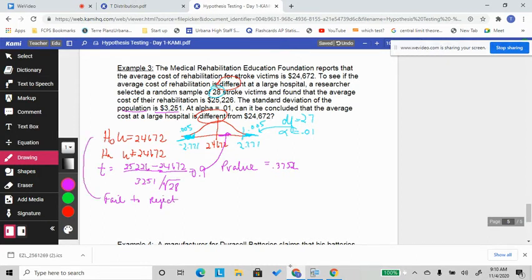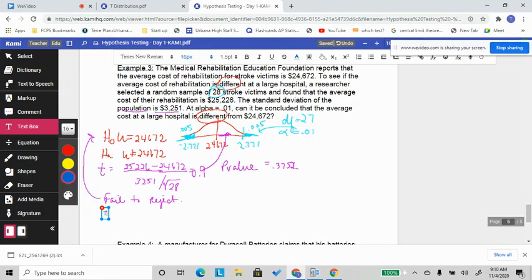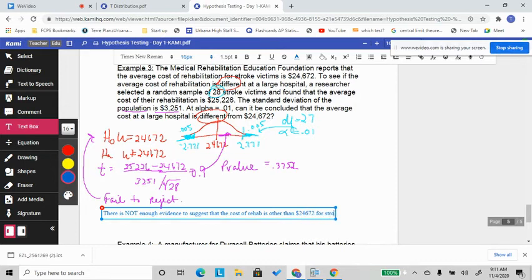Okay, so we fail to reject the H0, and we say: there is not enough evidence to suggest that the cost of rehab is other than H0, which is 24,672 for stroke.